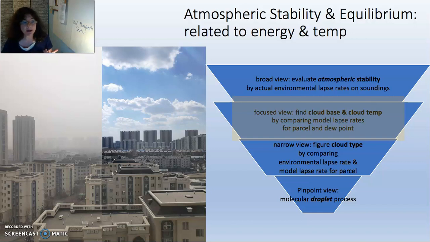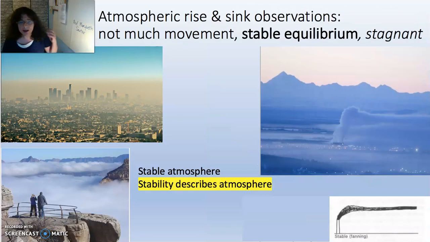So let's get started. Brief review. When we looked at one type of lapse rate, the environmental lapse rate, we use that to describe the stability of the atmosphere. And so we talked about stable atmospheres, unstable atmospheres in terms of the environmental lapse rate.